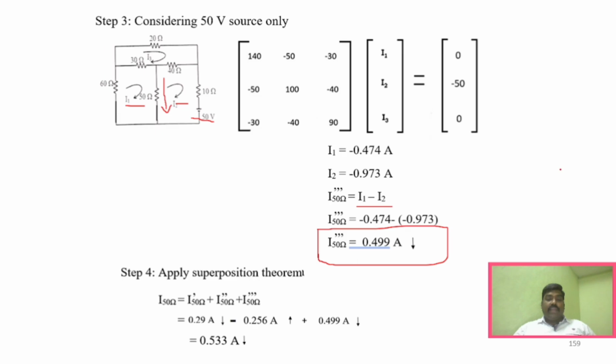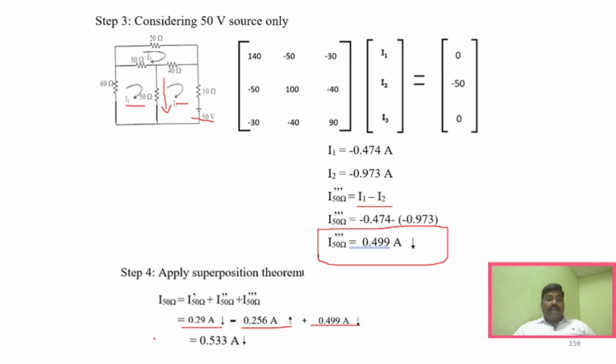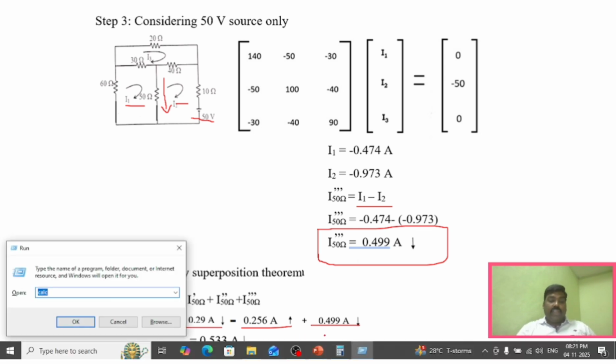So that is what we are doing, right? We are going to add these two values and subtract this value. You can consider subtraction, or you can just use the value which you obtained, minus 0.256, and substitute it to obtain this particular value. We will cross verify this.